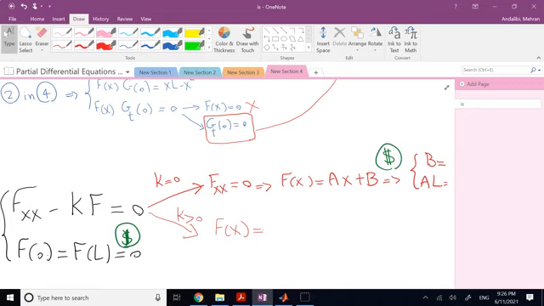So it should be something like a times exponential of square root k times x, right? Because if you take the second derivative of this function, square root k comes out 2 times, and so you would get a times the square root k times k, so the second derivative is going to be k times the function itself.